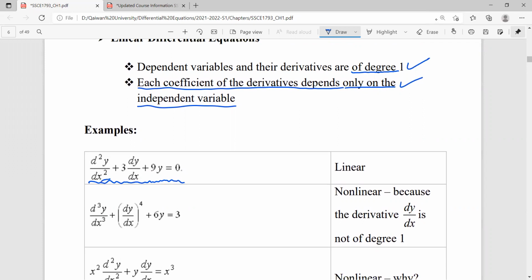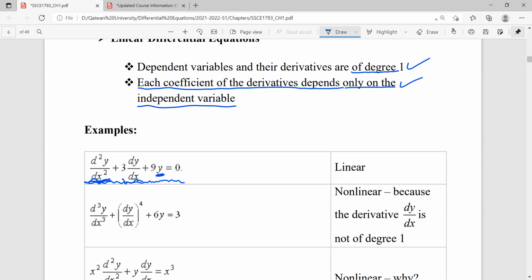Here in this equation, y is the dependent variable. The degree of y and all its derivatives is 1. That means it satisfies the first condition.